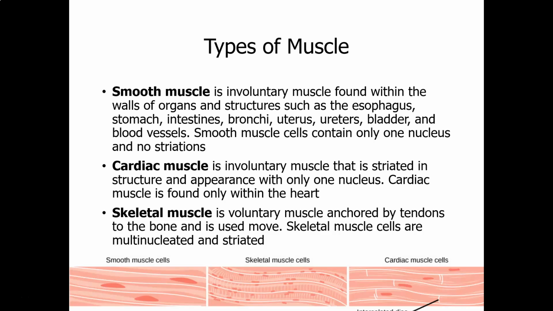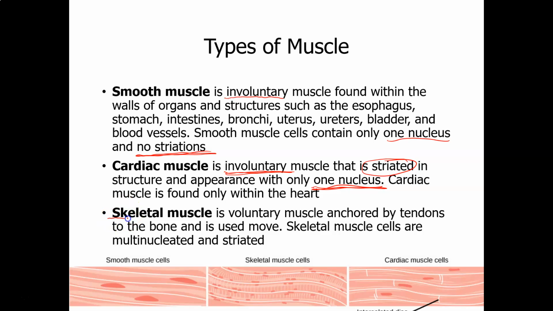Now, where smooth muscle is involuntary, contains only one nucleus and no striations, cardiac muscle is also involuntary. That means we do not have voluntary control over our heart muscle contractions. The cardiac muscle does have striations, but it still only has one nucleus per cell.